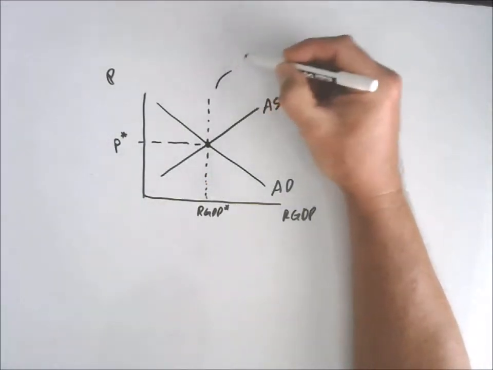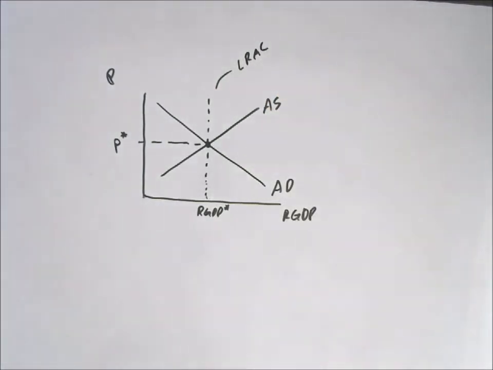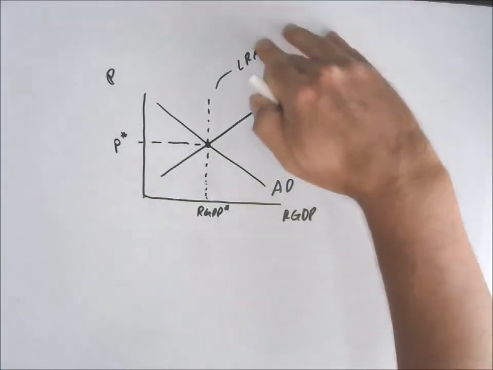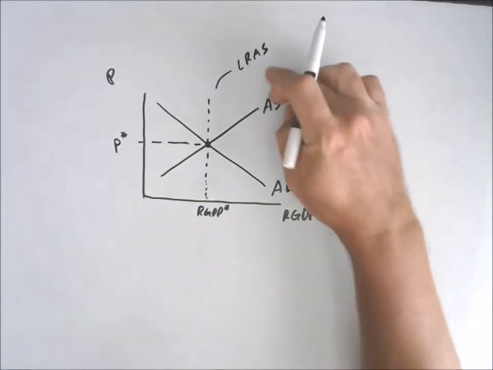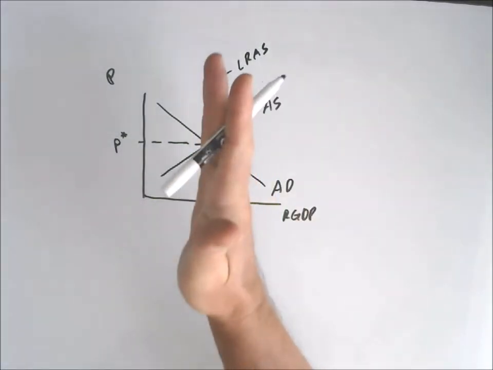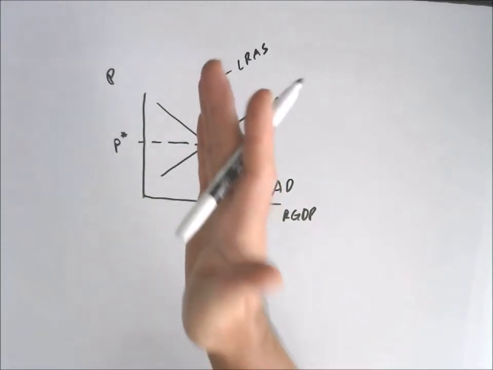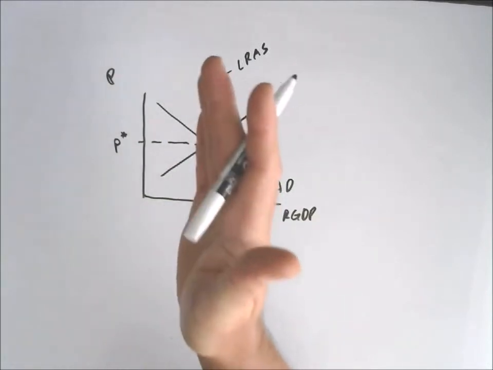Now, this here is what Khan Academy and ACDC Econ were calling long-run aggregate supply. And it's simply potential, when the economy is at potential. It's simply when the economy is in its natural state.